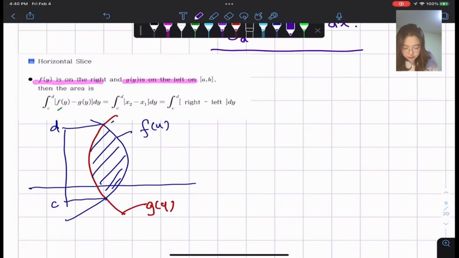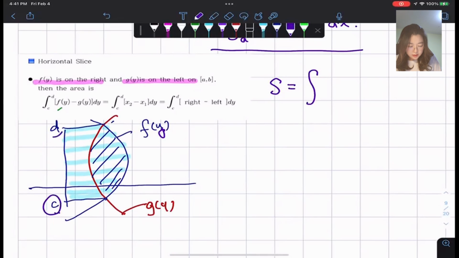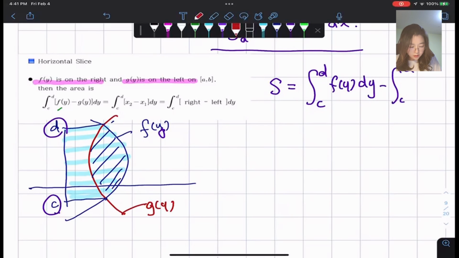So first you should find the f(y). This is f(y). Yeah. So S equals integral from c to d of f(y) dy minus integral c to d of g(y) dy.